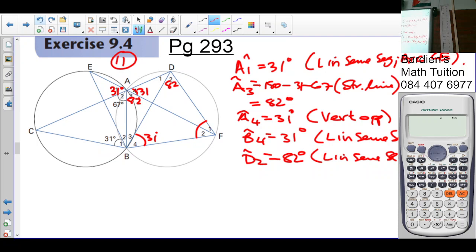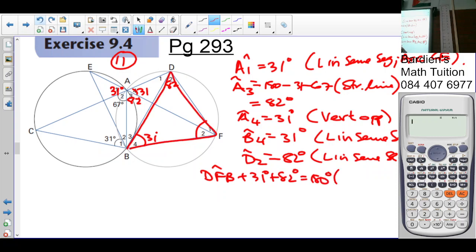Do we have enough information to calculate DFB now? Yes. So angle DFB plus 31 plus 82 equals 180. Why? Interior angles of a triangle sum, and it's triangle DBF.